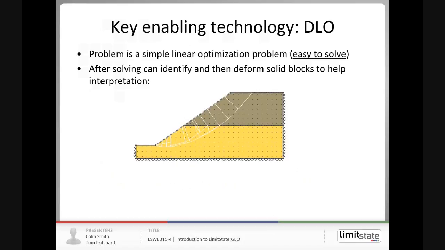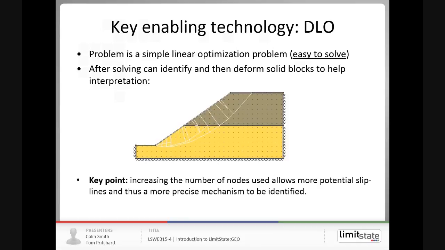So it turns out that that type of problem is a simple linear optimization problem. It's easy to solve with modern state-of-the-art optimization solvers. And once we've solved the problem, we can identify the blocks between the discontinuities and animate them to aid interpretation. So here we've got a slip mechanism in a 2-layer slope, and it's been animated to show the sort of deformation pattern.